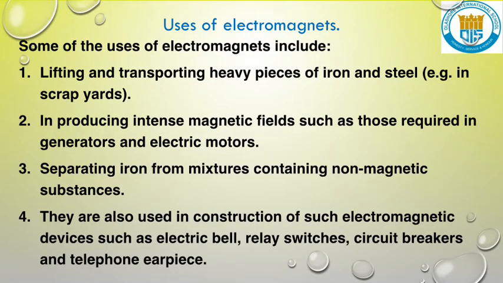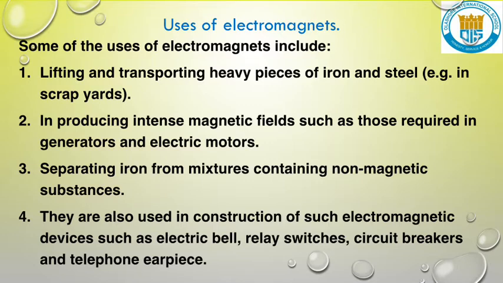And what are electromagnets used for? The very common use that we'll find around is in heavy car dump sites, those sites where cars are dumped after they have served out their purpose with their owners, and then the cars are broken into their component parts.